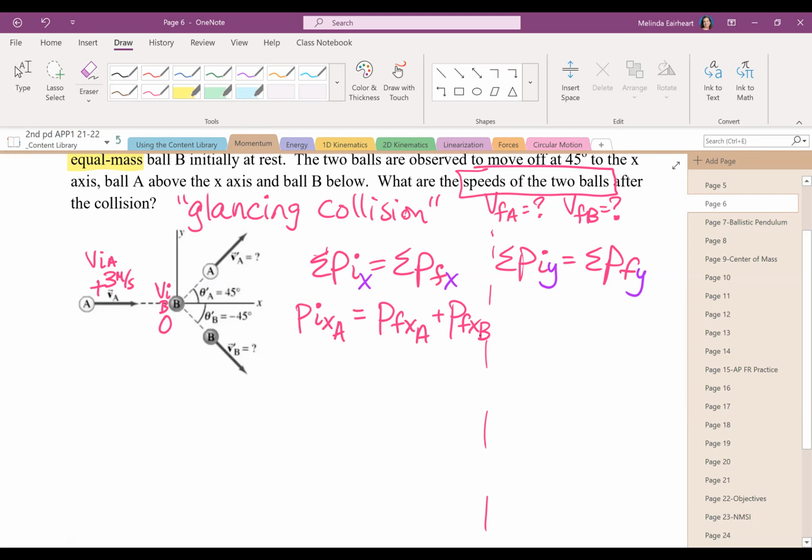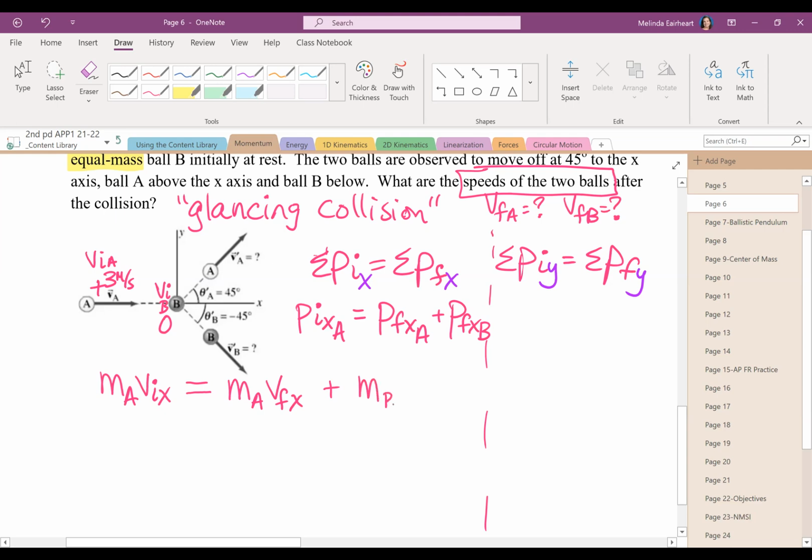So in the beginning, initial momentum for A is going to be MA V initial X. Well, thankfully, its velocity is all in the X direction. Equals, well, A has a horizontal, but now it's a final velocity.